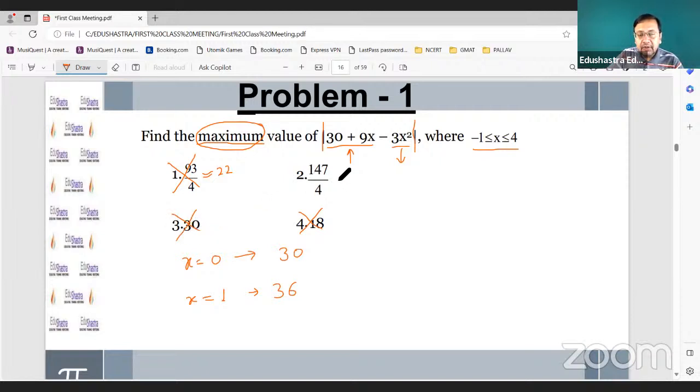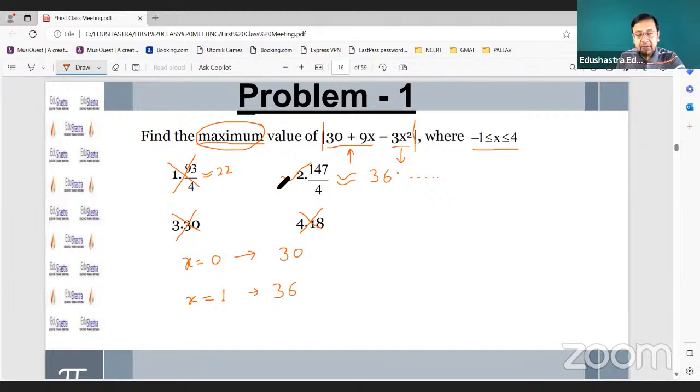And 147 by 4 comes out to be approximately 36 point something, and see, this is the correct one. How much time would I take for this? Maybe 10 or 15 seconds, because I only need to do the calculation with x equal to 0 and x equal to 1. With this simple logic, I can calculate my answer, and this is an absolutely correct option.